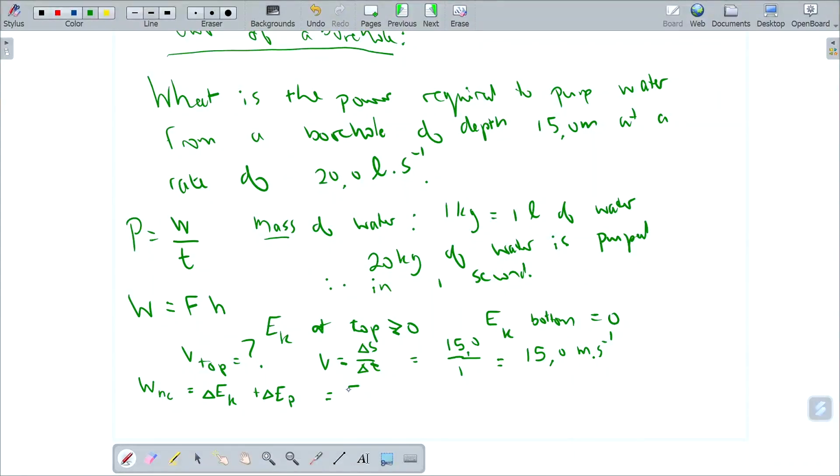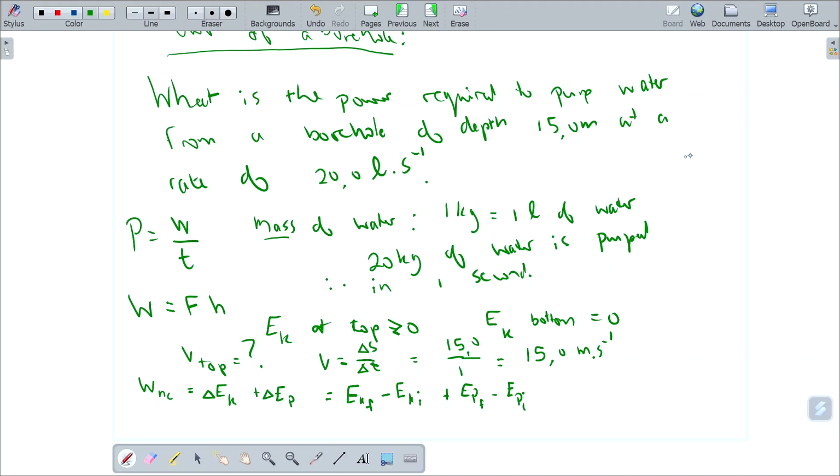Right. And what we can do here is say this is going to be the final kinetic energy, in other words, the kinetic energy at the top, minus the initial kinetic energy of the water at the bottom, plus the final potential energy of the water minus the initial potential energy of the water. Right.